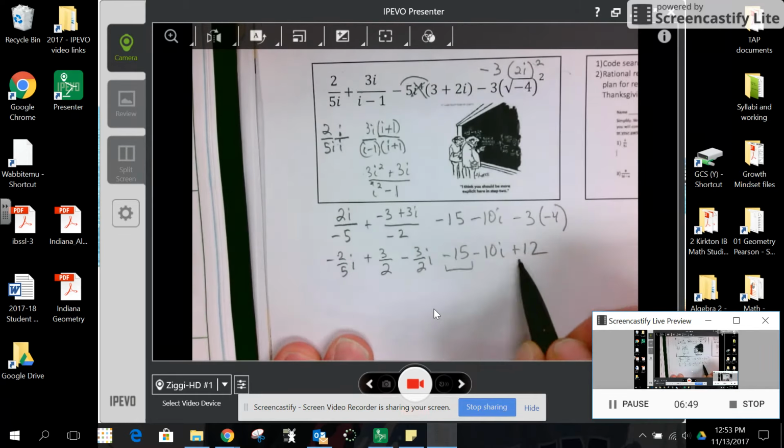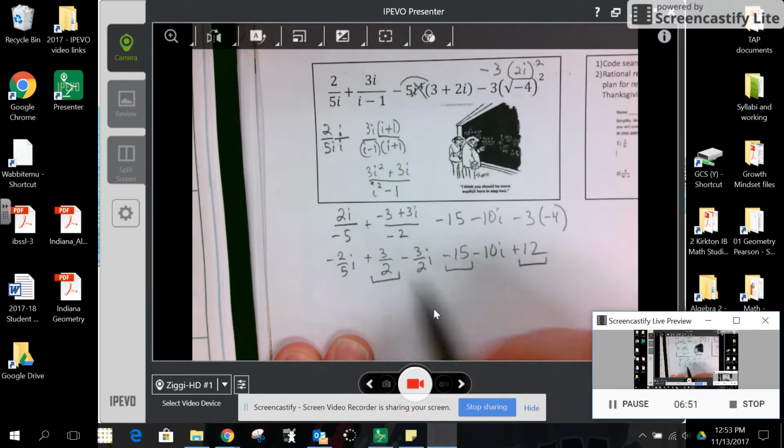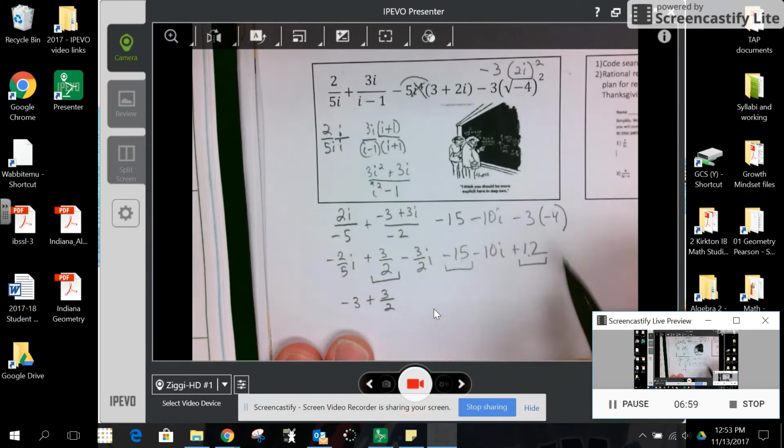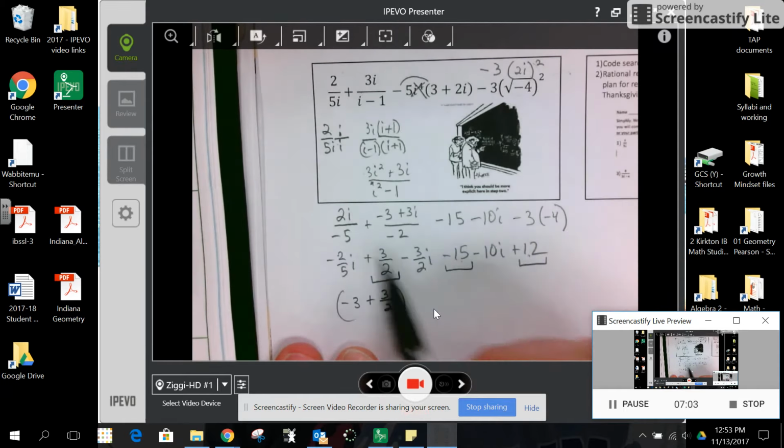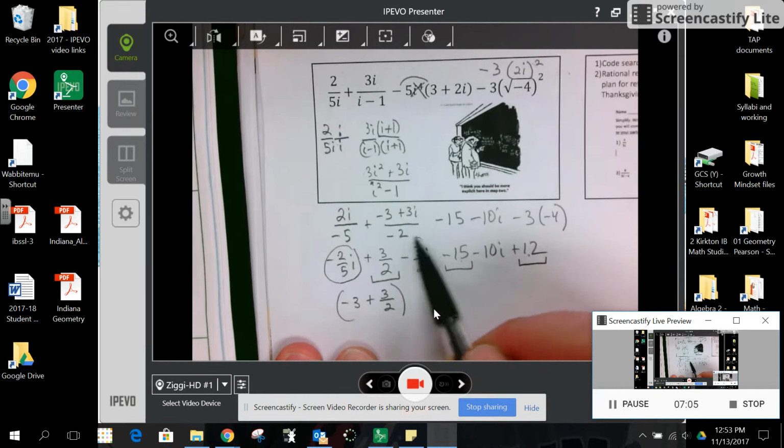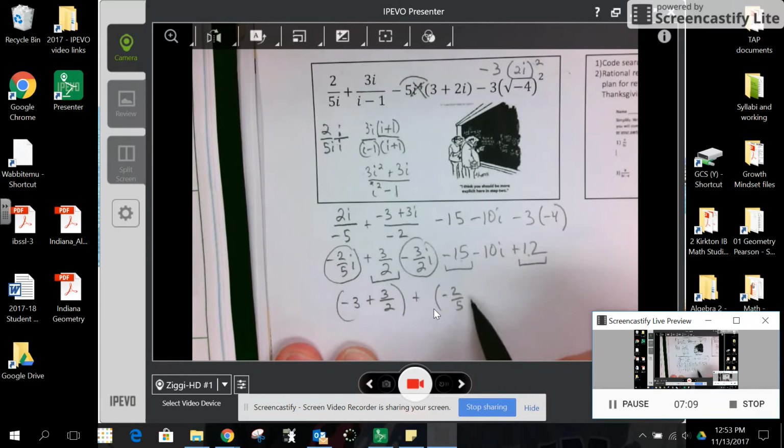Combine all your constant terms. So this would be negative 15 plus 12 is negative 3 plus 3/2. That's my a. I'll combine those later. And then on the i, I have negative 2/5, negative 3/2, and negative 10.